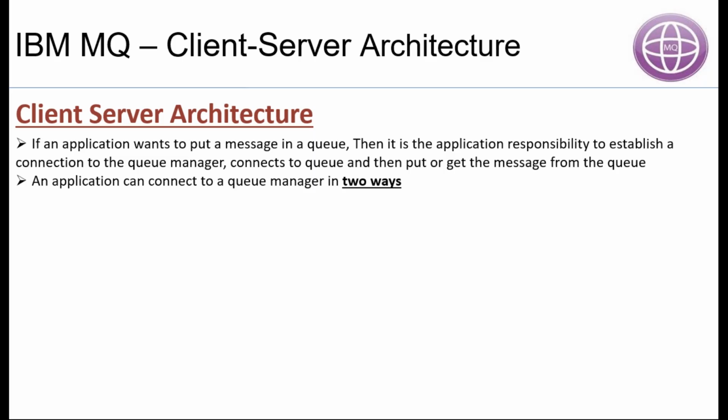They are binding mode connectivity and client mode connectivity. These are the only two methods available in MQ by which an application can connect to a queue manager. So let's see what binding mode connectivity is first.